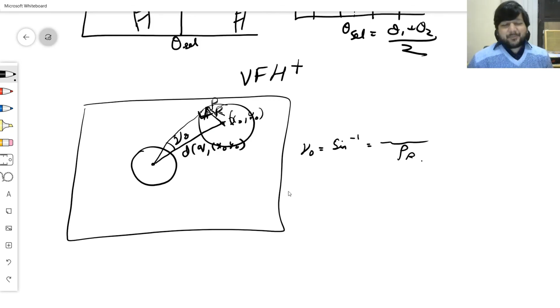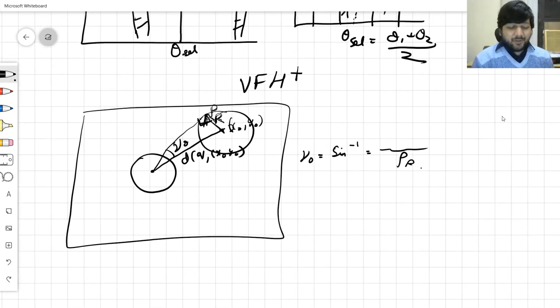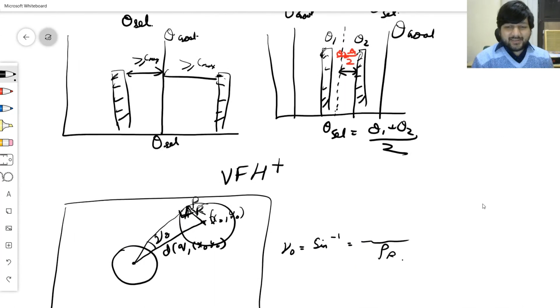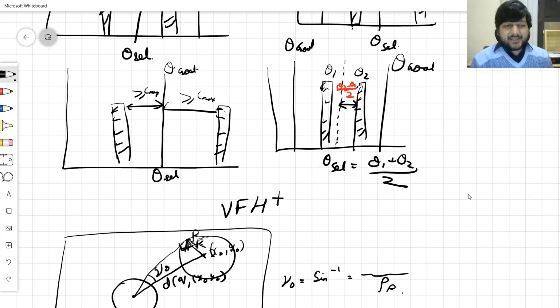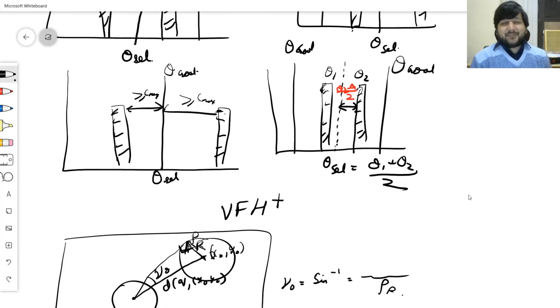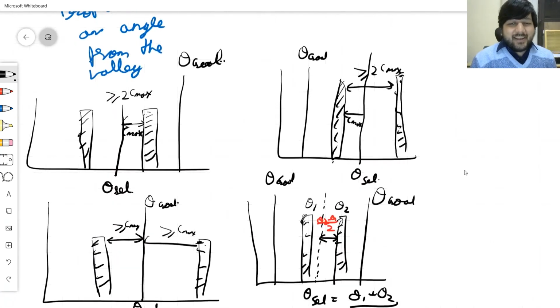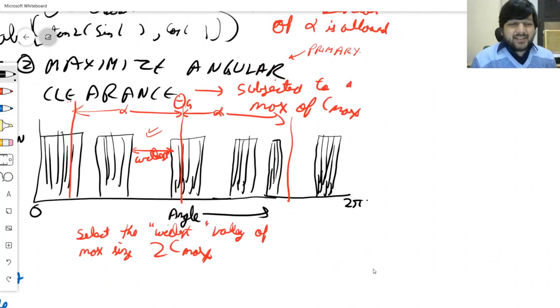Now again, there's a problem here, the same problem we discussed with velocity obstacles. When dealing with velocity obstacles, we said you can keep switching sides, and we had the hybrid reciprocal velocity obstacle. I won't repeat the same thing again. The same thing is possible with the corridors here.